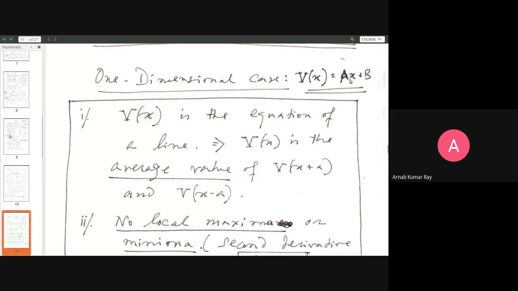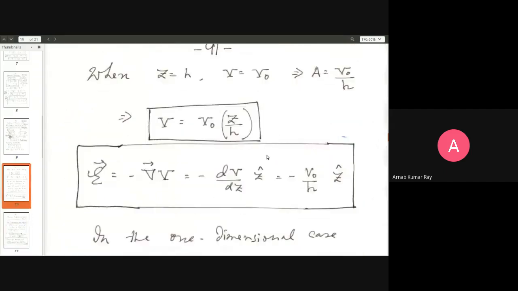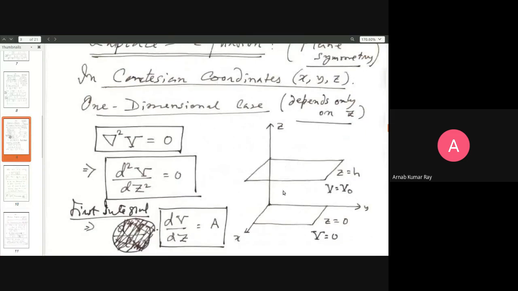What about 2 dimensions? Instead of v depending on x, suppose I have given you a situation whereby v depends on x and y. Let me just go back to the geometry. Suppose along the vertical axis you are plotting v, and you know that v depends on x and y.